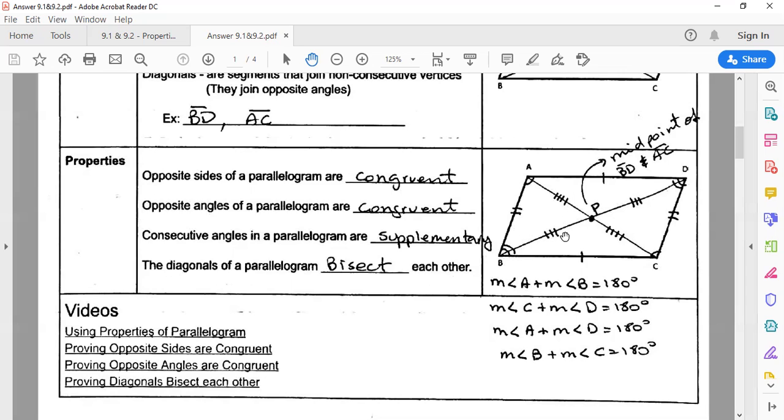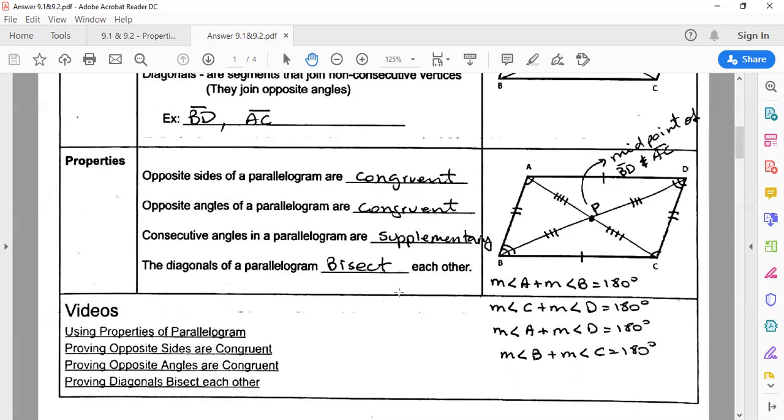So BP is the same length as PD, and AP is the same length as PC. Okay, notice that the diagonals are not equal to each other, and these halves are not going to be the same measurements as those halves. So that doesn't apply.